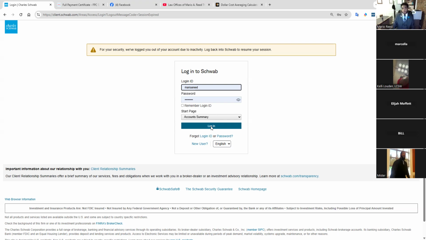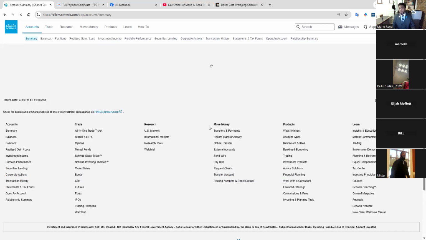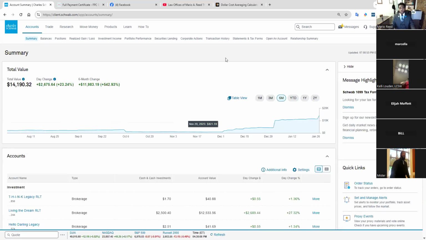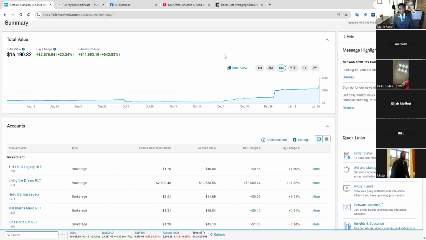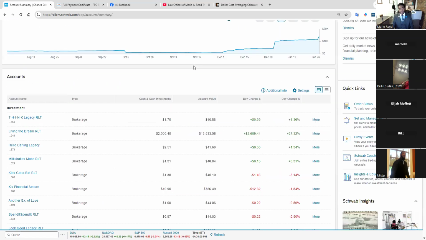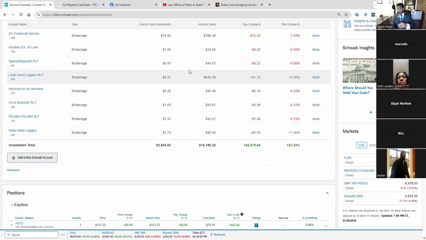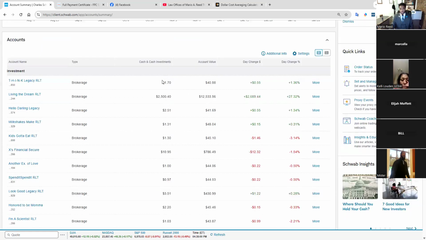So first thing I'm going to do is I'm going to log in. As I tell everyone, please don't steal my information. Please don't steal my brokerage account. Help me out in that regard. Once I sign in, one of the reasons why I really like Charles Schwab is because they've got this dashboard. And this dashboard allows me to take a look at all the different accounts that I have. Now, because I have so many different trust funds that I've set up for my siblings, for my parents, for all these different people, that's why you're seeing all of these different brokerage accounts.